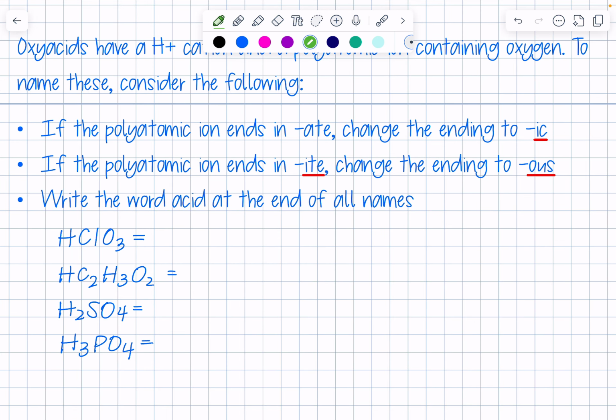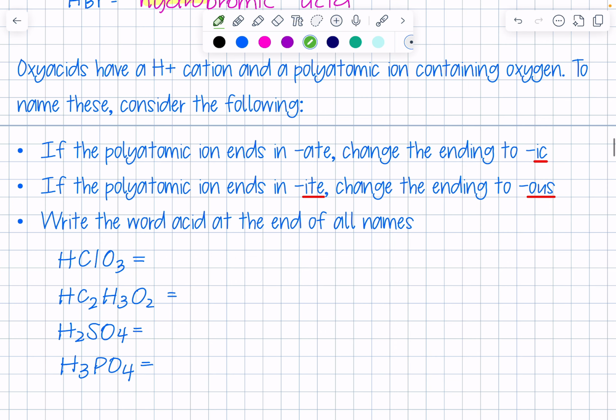So, polyatomic ion here, this is chlorate. Because it ends in ATE, we are going to change the ending to IC. So this is going to be chloric acid.